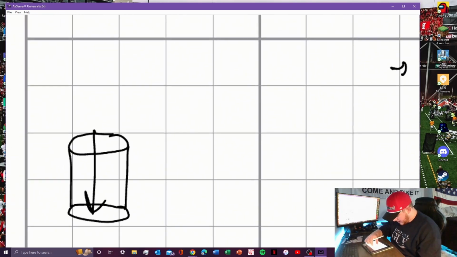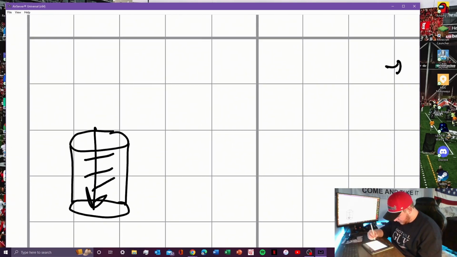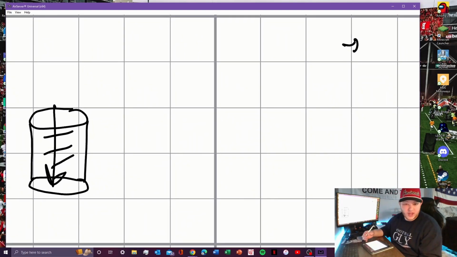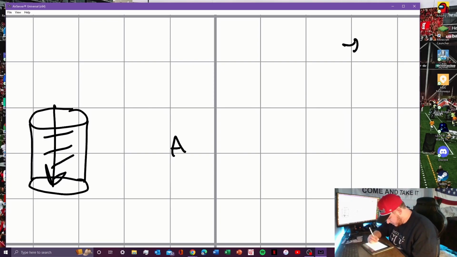Now for a cylindrical pipe, we have water flowing down, and to get how much water is flowing down, it's just the cross-sectional area times the length. If we multiply that by rho G, that is the weight.